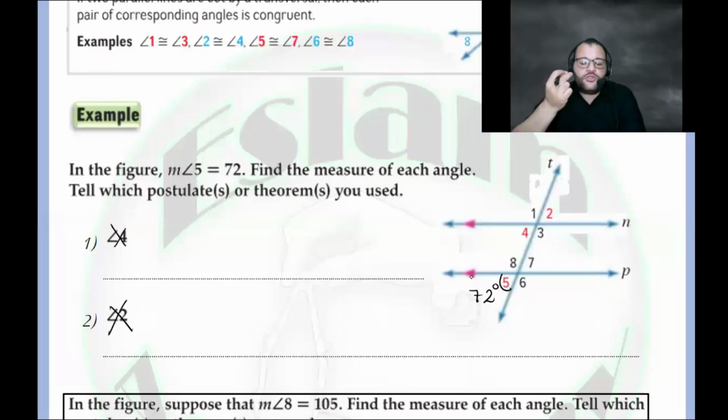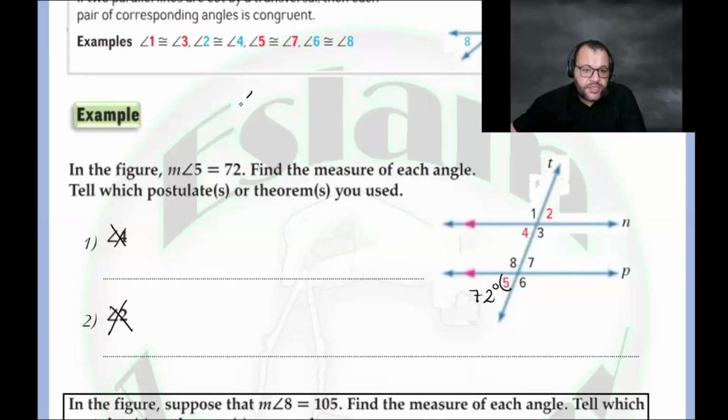Now we are talking about angle 7, angle by angle, please. What is the relation between angle 5 and angle 7? Vertical opposite angles. What is the relation for vertical opposite angles? They are equal in measure.